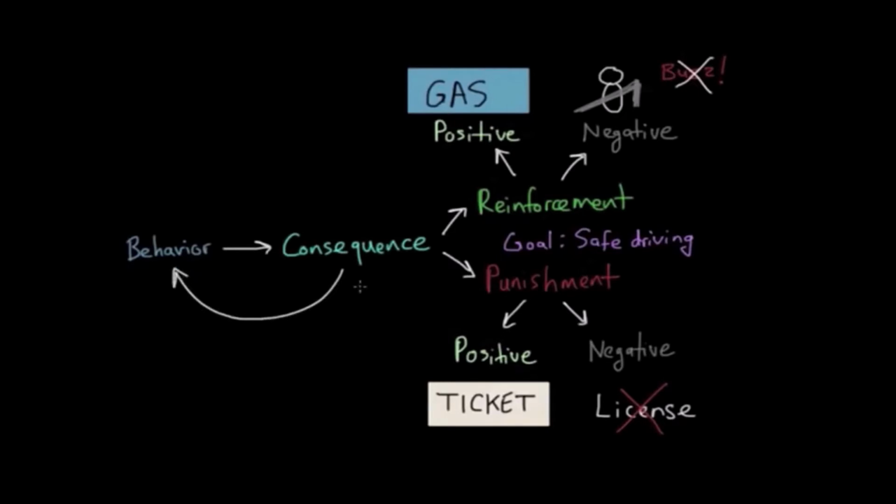And that's what makes operant conditioning unique. It's this reciprocal relationship between behavior and consequences, and how these behaviors are all influenced by their consequences, and these consequences will influence the behavior. So these are the different types of reinforcement and punishment.